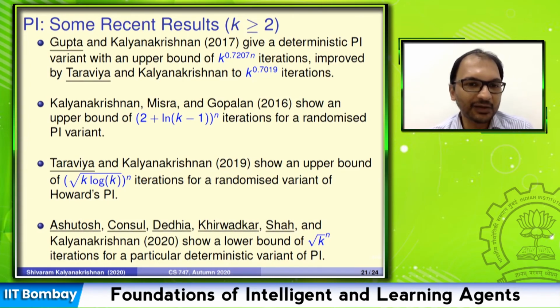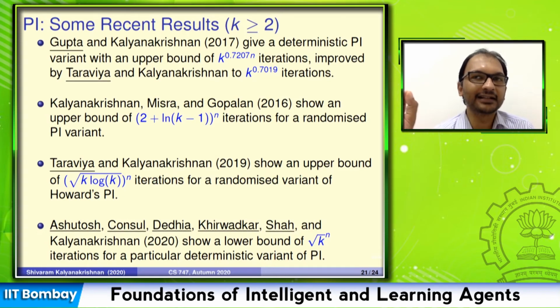Some interesting work with Meet Taraviya also resulted in some analysis of Howard's policy iteration itself. Imagine Howard's policy iteration on multi-action MDPs. Often you're going to encounter improvable states that have multiple improving actions.